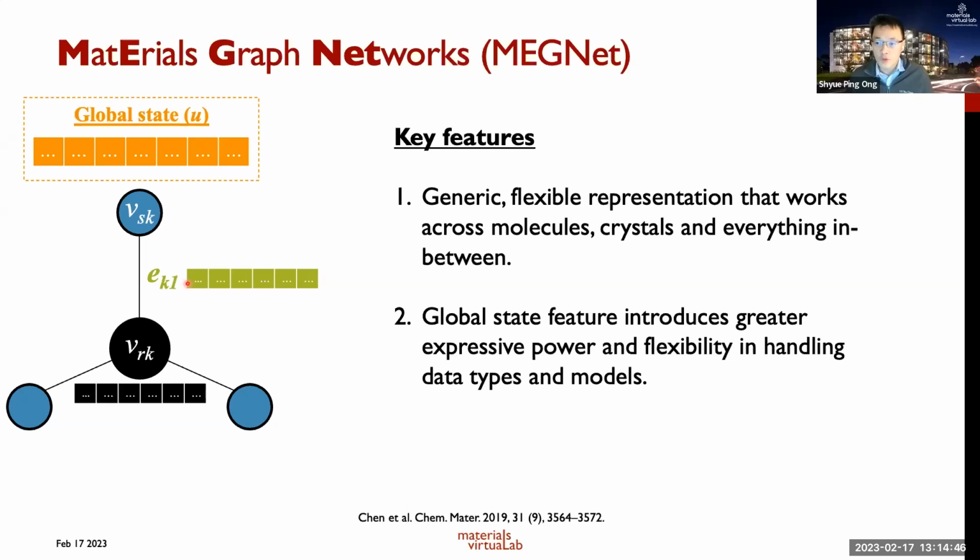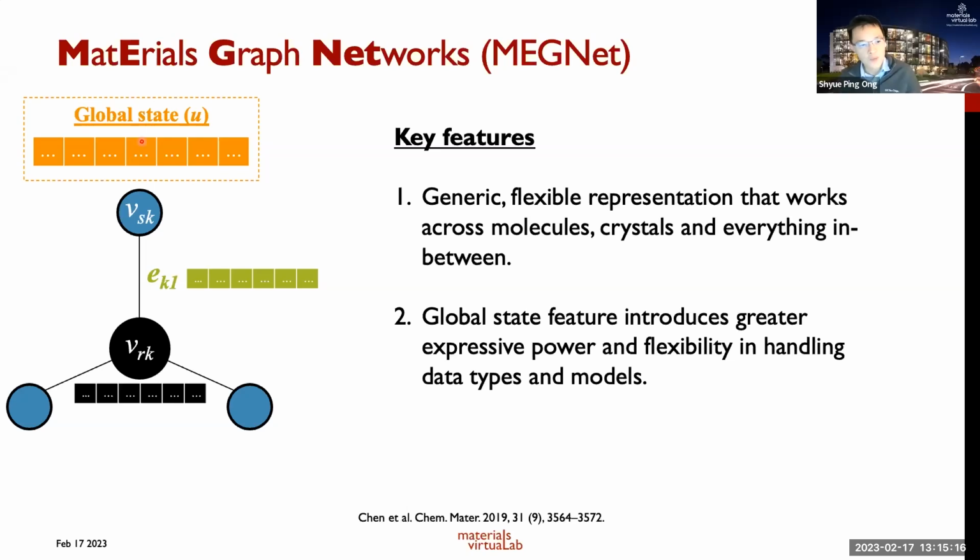Now, one of the unique features of our MAGNET models is that we also have this global state variable. You may have seen other graph deep learning models for materials out there, but most of them would lack this global state variable. It turns out that it is a very powerful concept that allows us to do very interesting things that you would not otherwise be able to do.